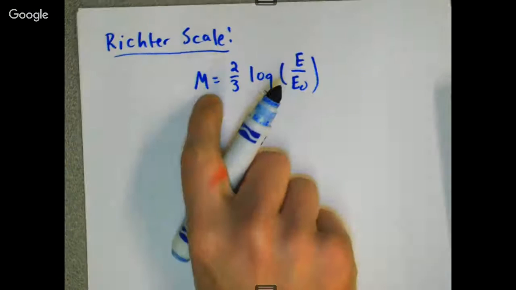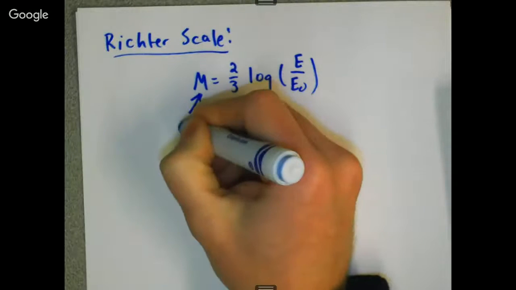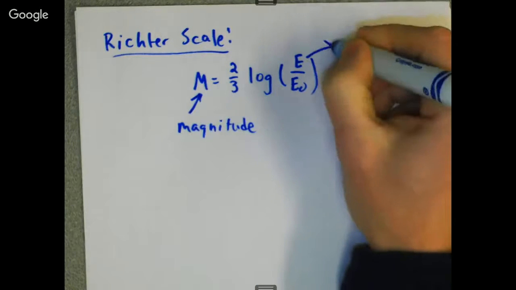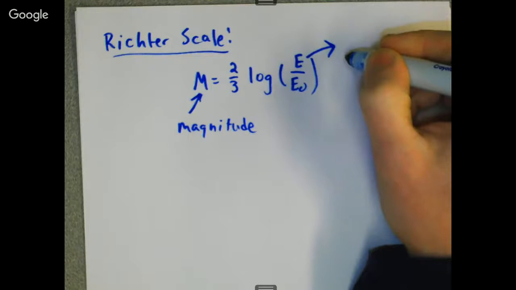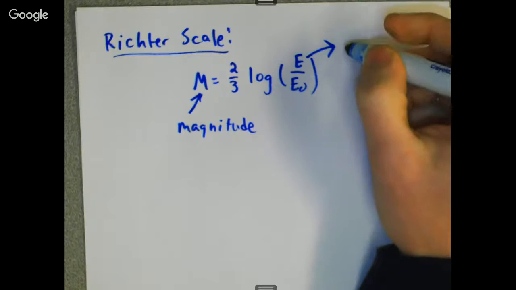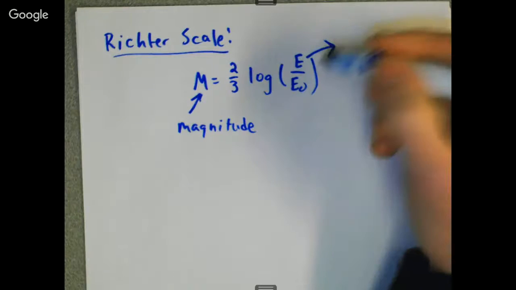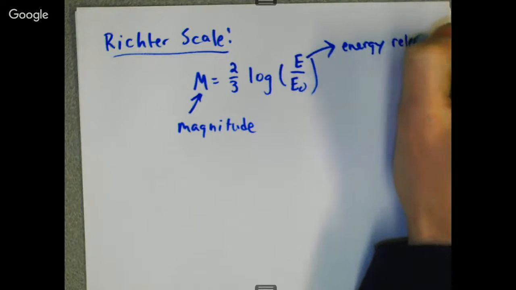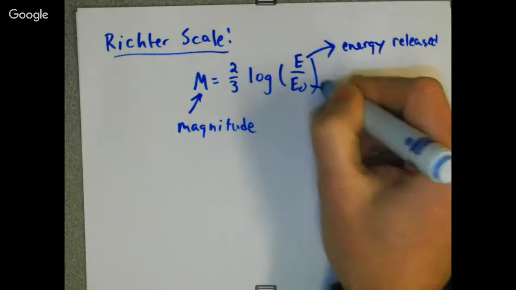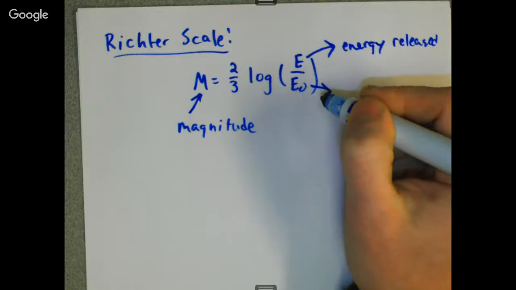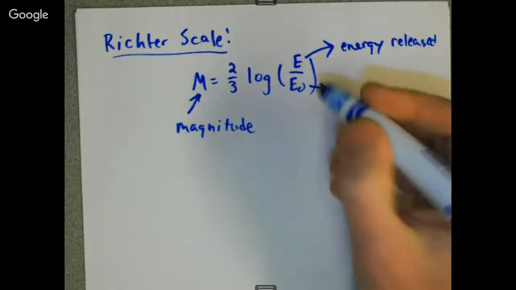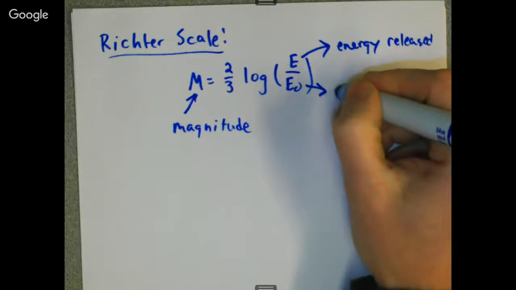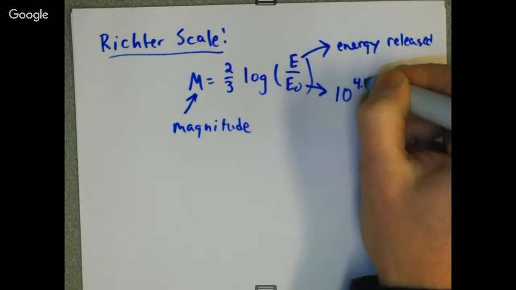Okay, so M is magnitude. E is the seismic energy released. And E naught is your reference earthquake. So this again is a constant like it was earlier. So this is 10 to the 4.4 joules.